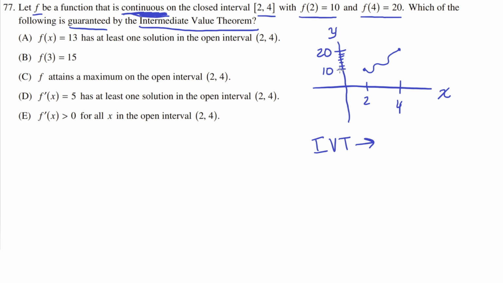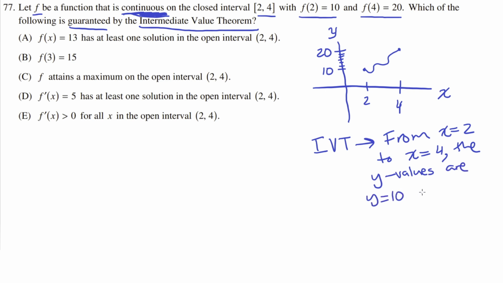Meaning that in this case, from x equals 2 to x equals 4, the y values are y equals 10 and y equals 20 in this range.